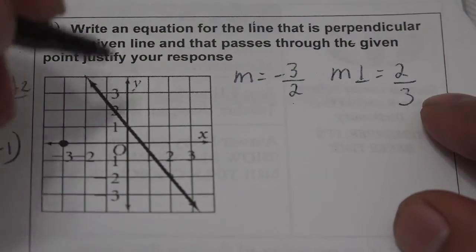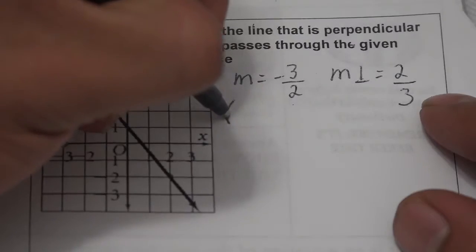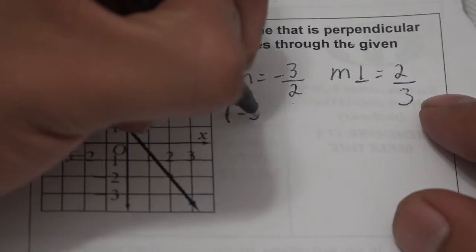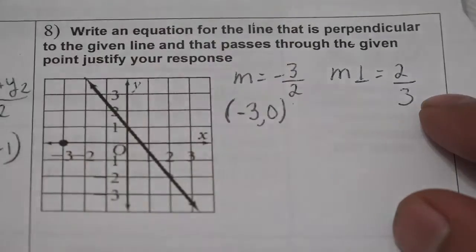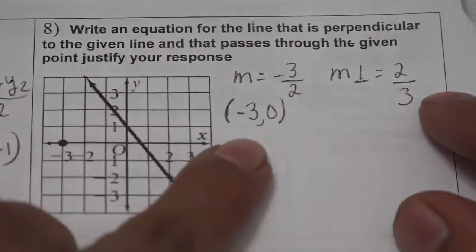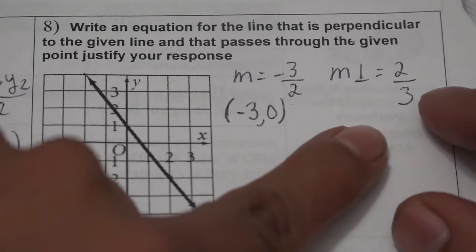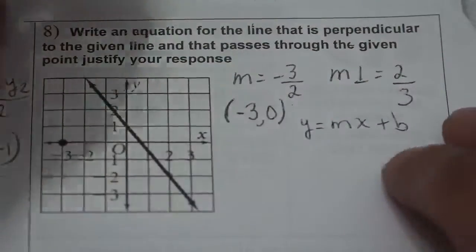Okay, now this point, what is the point? Negative 3 comma 0. Okay, so now with this I have the slope and I have the point. I could just solve it using y equals mx plus b if you want to do it. I just replace.